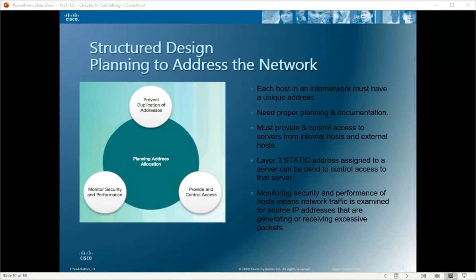We need to make sure that we are establishing controllable access, which usually means static addresses for things like WAN links or servers. We also need to make sure that the segmentation is performed correctly so that if we have something that's generating excessive amounts of traffic, we can shut it down or at least isolate it and figure out why that particular link is so hot.